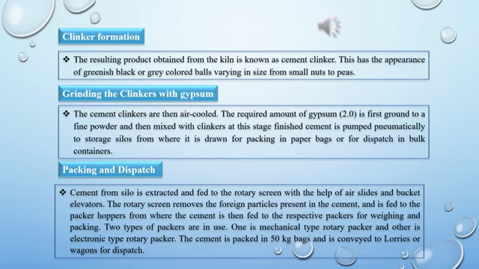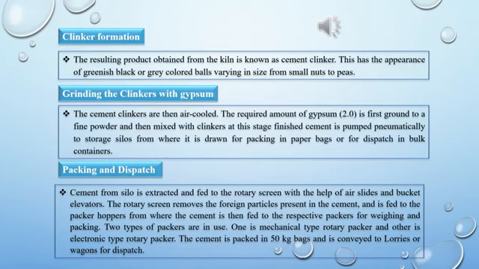So students, the last process is packing and dispatching. Cement from the silo is extracted and fed to the rotary screen with the help of air slides and bucket elevators. The rotary screen removes the foreign particles present in the cement, and it is fed to the packer's hopper, from where the cement is then fed to the respective packers for weighing and packing. 2 types of packers are used.